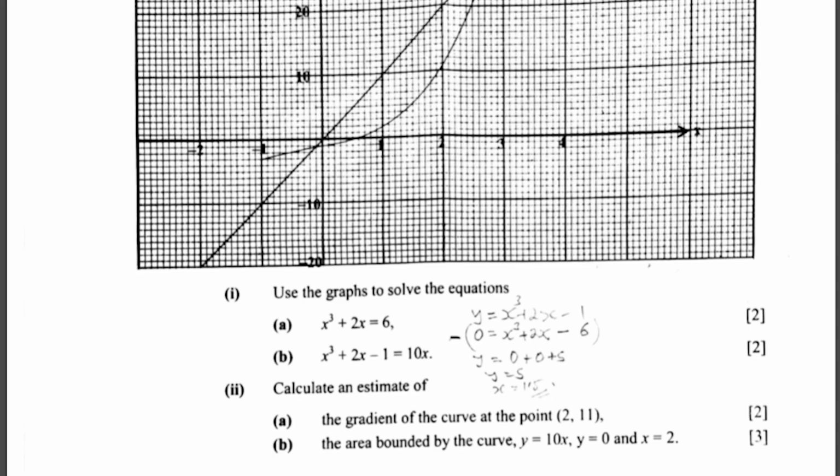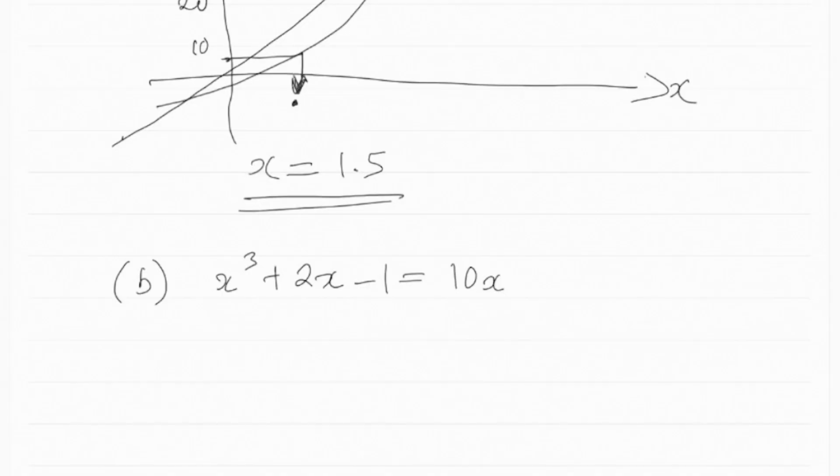Use the graph to solve the equation, that is part B, x cubed plus 2x minus 1 equals 10x. Right. So when you look at these two graphs, they're simply asking you to find the solution lies at the intersection of the two graphs, the cubic function as well as the linear function. So how are we going to do it?